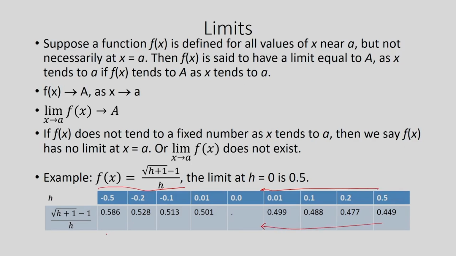And from the left hand side also, as h approaches 0 from the negative side, you have minus 0.5, minus 0.2, minus 0.1, minus 0.01. The value of this function is approaching the value of 0.5. So, by this sort of heuristic demonstration, we can say that the limit as h goes to 0 of this function is 0.5.